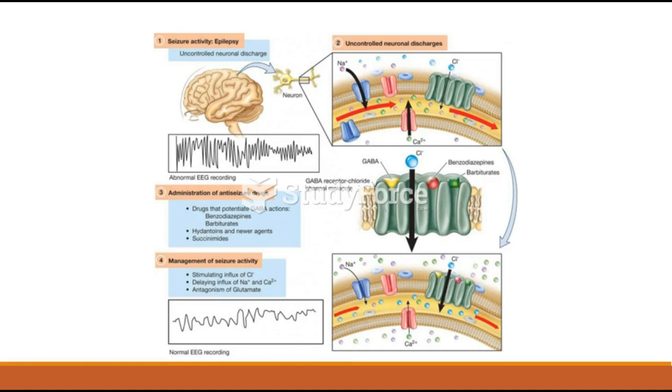The benzos and barbiturates both act on GABA, so you're potentiating GABA, which is inhibitory, and increasing the CNS depression so that you can relax the brain and not get all of this channel influx. So you're going to delay that, and then also the antagonism of glutamate is going to be another way to help deal with the seizure activity.